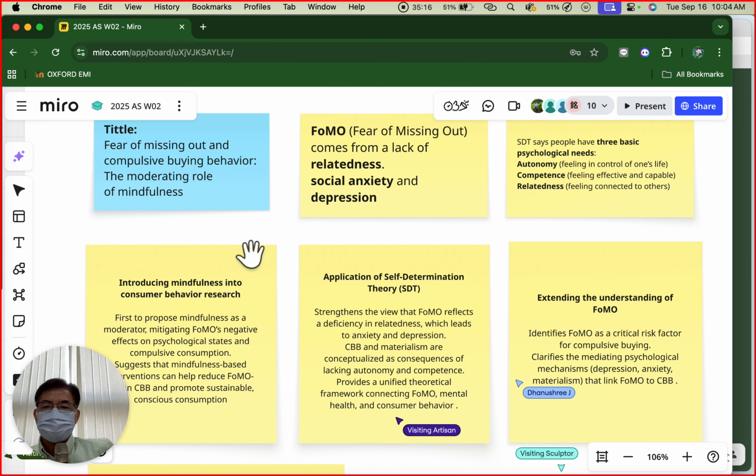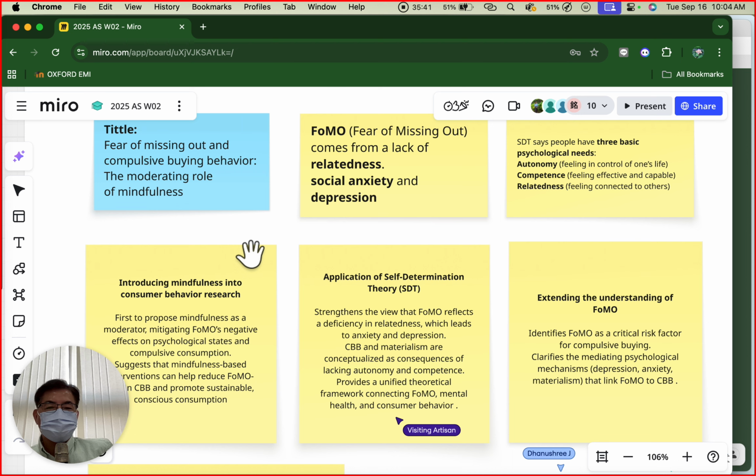So basically, this research regarding FOMO and compulsive buying and also the moderating role of mindfulness shows that FOMO itself is not harmless at all, because we have mindfulness, a characteristic of people that will protect them from depression and anxiety.